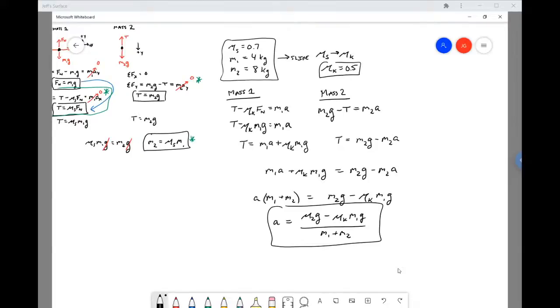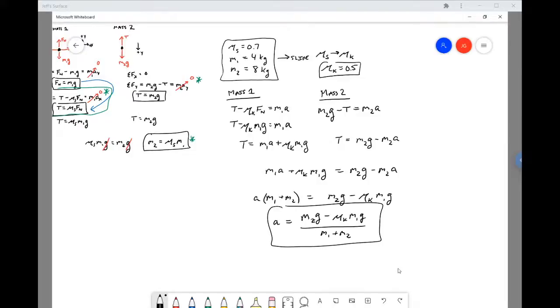Okay, that's a little confusing. That is a mass, not a mu. My mu's and my masses look the same.